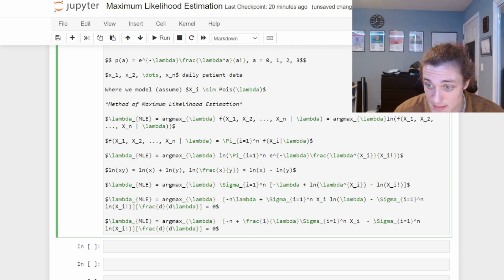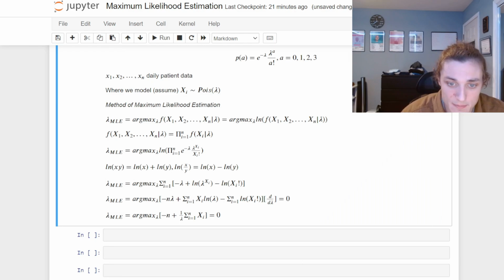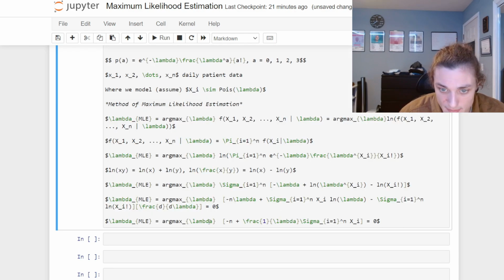Then we have minus, and this whole term with the factorial is just 0 because it doesn't depend on lambda, so that would be minus 0. Then I can get rid of this derivative term because we just differentiated. And boom, now we can even drop out this argmax term, because this is what we are solving for now.